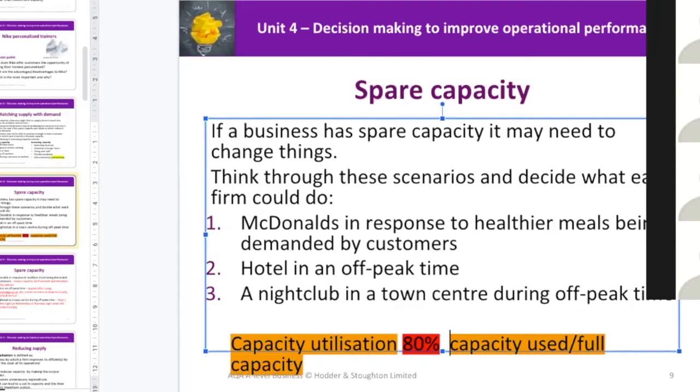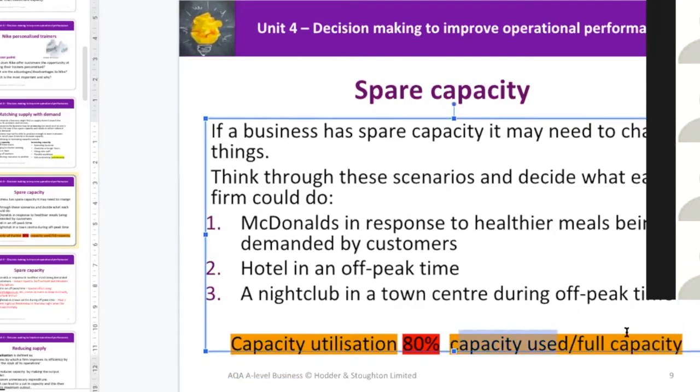Okay. So can you see this formula here, Hannah? Yeah. So capacity used divided by the full capacity the company has. Your full capacity will be 100% if you use everything you have to produce your products.